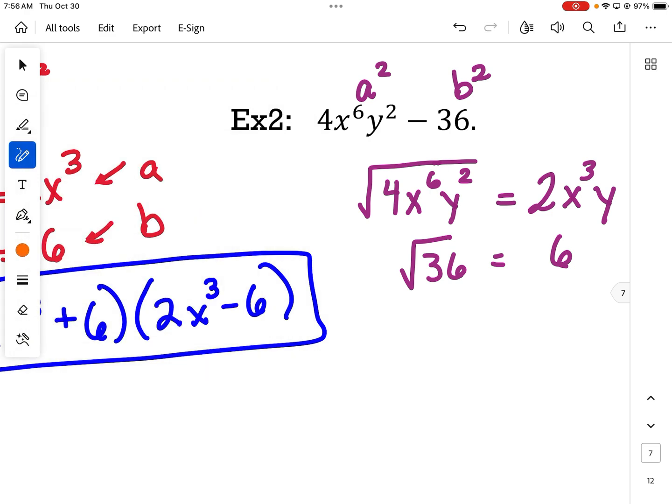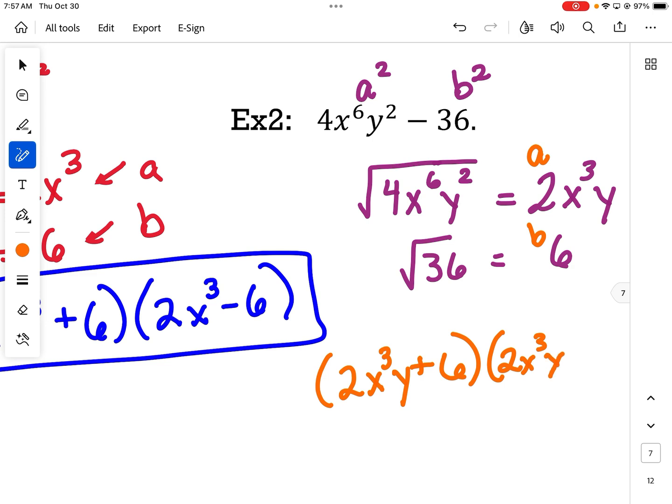Okay, so then we would write this as this is A, this is B. So you do 2x cubed y plus 6, and then 2x cubed y minus 6. Bless you.